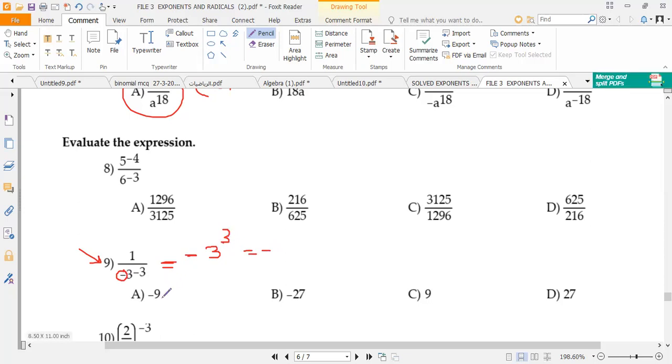It is not 9. 3 to the power of 3 is 27. If this were a square, yes, you could say it's 9.